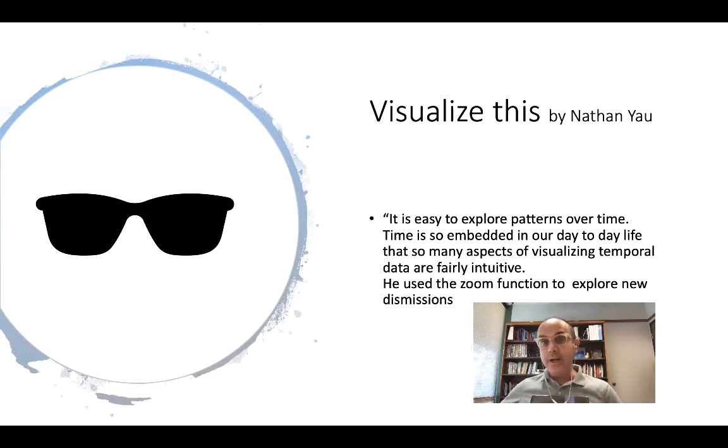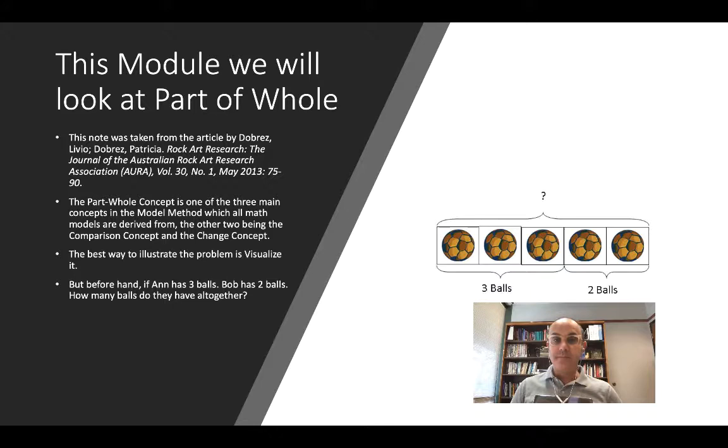And this is really important. Right now, in the tools that I gave you, we cannot build in the zoom function. We will do that when we learn open source R. But this is another way of exploring new dimensions in our visualization.